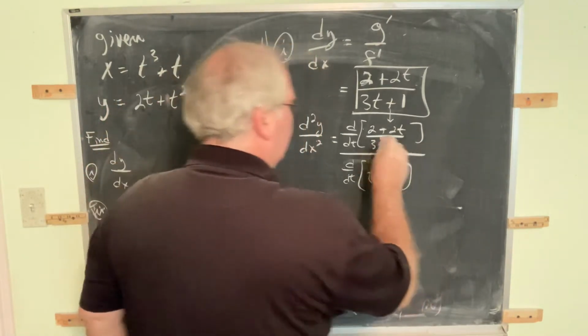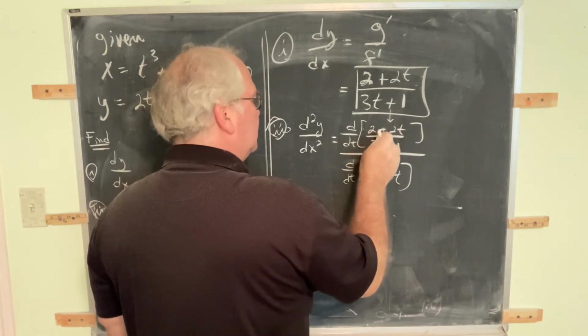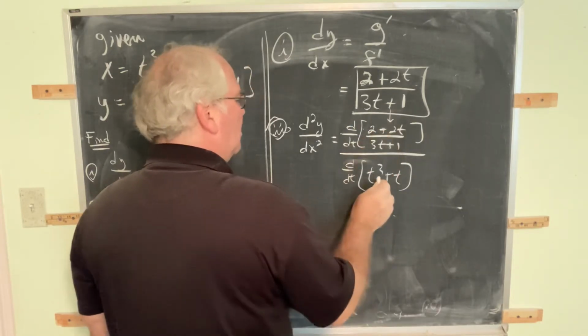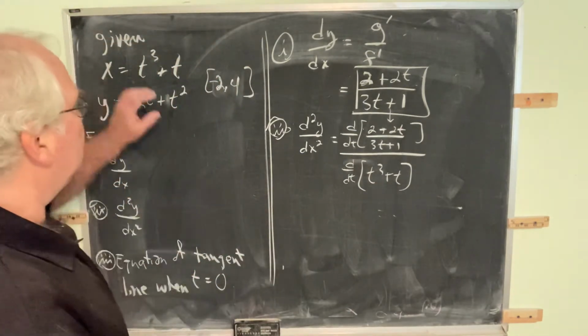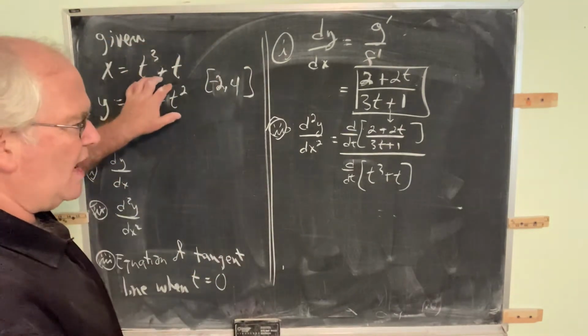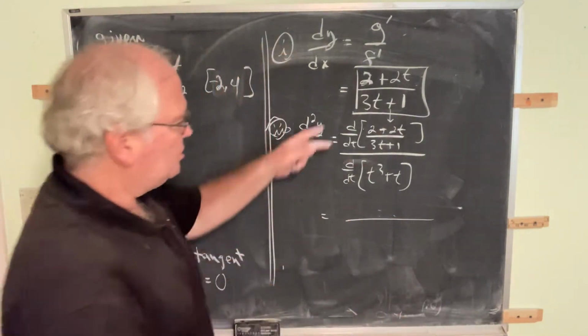Which is to say, it's the derivative of what we just found over f prime again. Each time you find a new higher order derivative, you always divide by f prime. And so this becomes a stroll down memory lane.